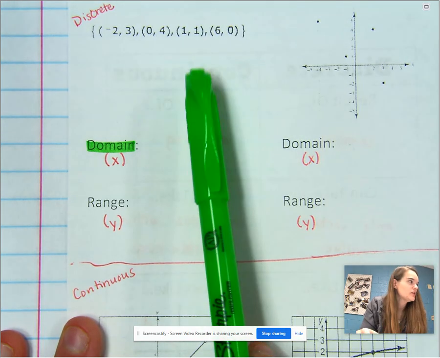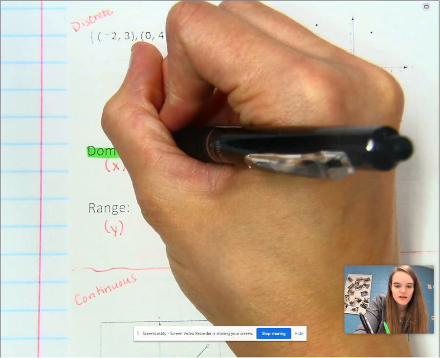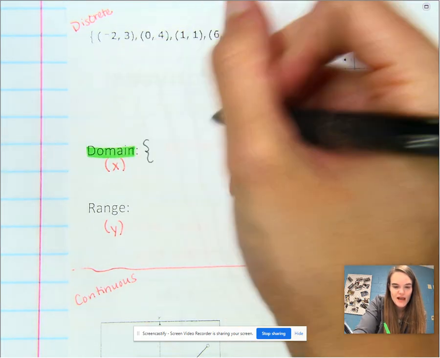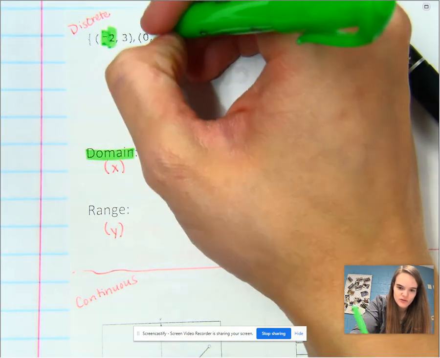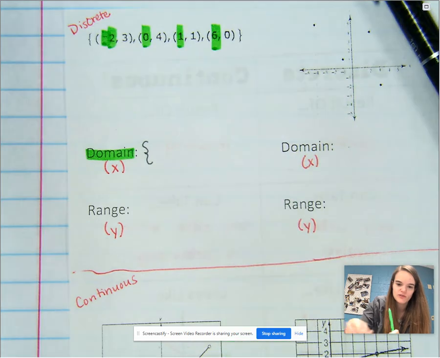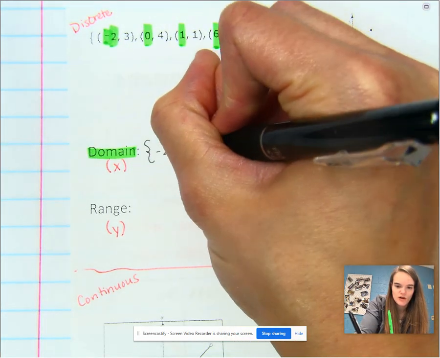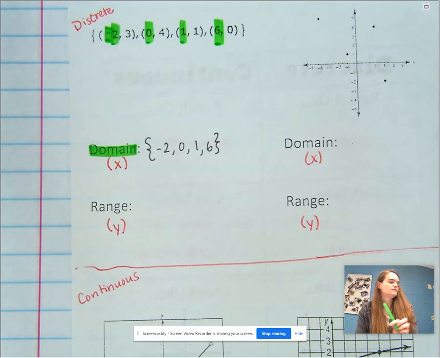In a discrete function or relation, a domain is written with curly brackets and then these values. So x values, -2, 0, 1, 6. That is the domain for the first one.